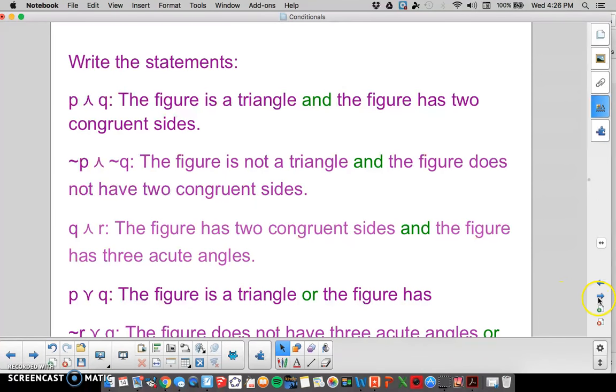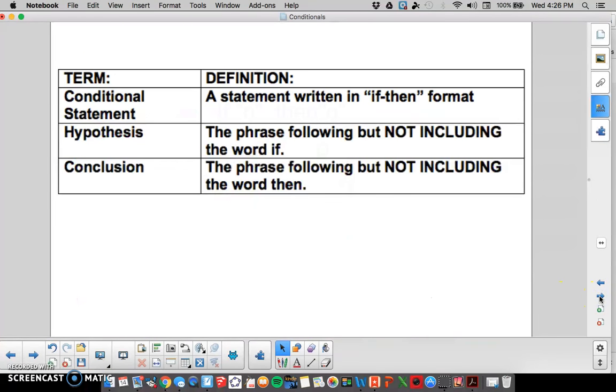Next we're going to talk about conditional statements and what they are. A conditional statement has a certain format. It is an if-then statement. So when we have our statements P and Q, we'll write them in the form "if P, then Q."